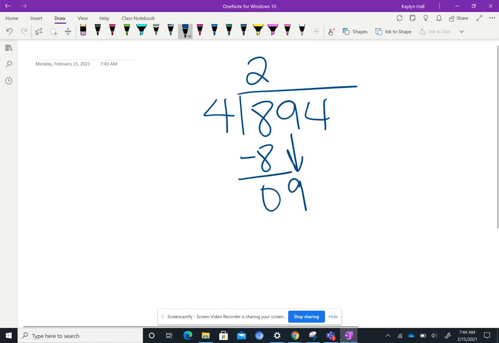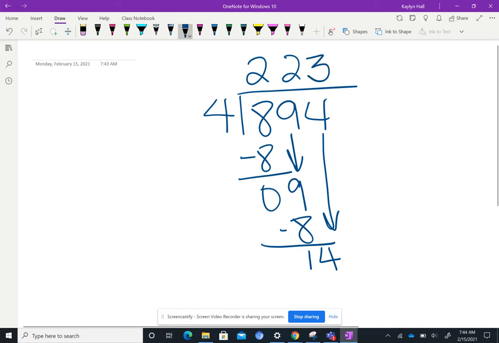I bring down the 9. 4 goes into 9 2 times. 4 times 2, again, is 8. 9 minus 8 is 1. I bring down the 4. 4 goes into 14 3 times, and it's not perfect, but that's okay. 4 times 3 is 12. 14 minus 12 is 2, so I get 223, remainder 2.